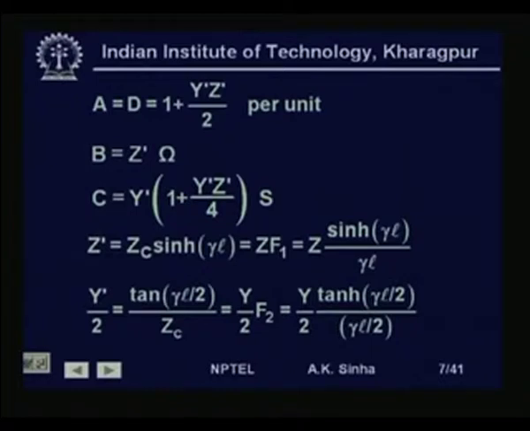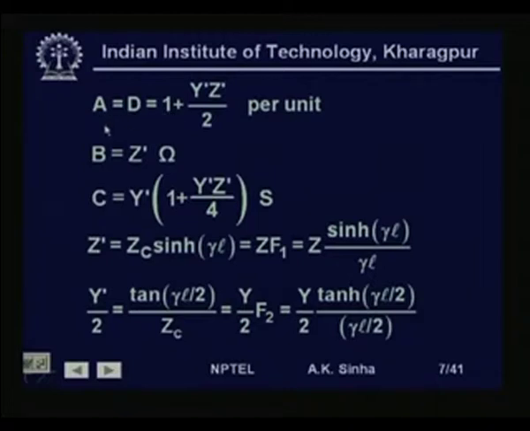Now, we know that for the pi model A is equal to D is equal to 1 plus Y dash Z dash by 2. This is the same thing that we had done in lesson 7, where we had found the ABCD parameters and the transmission line pi model, nominal pi model parameters.